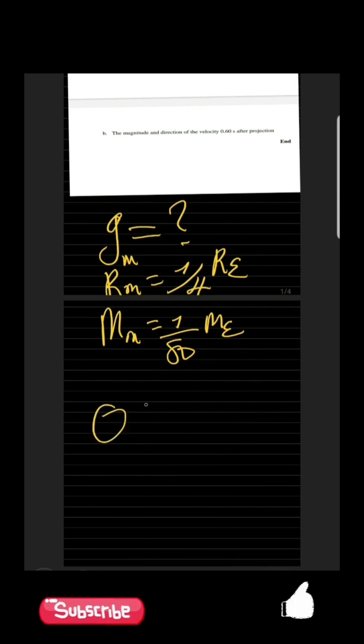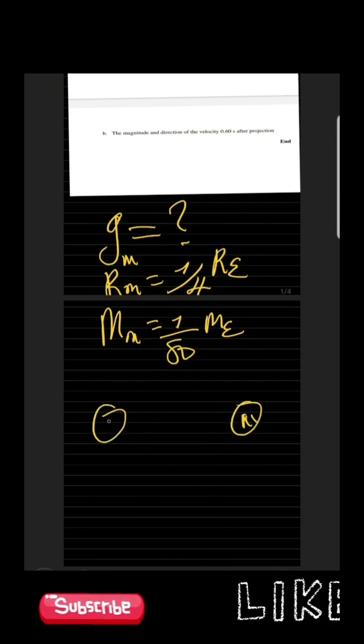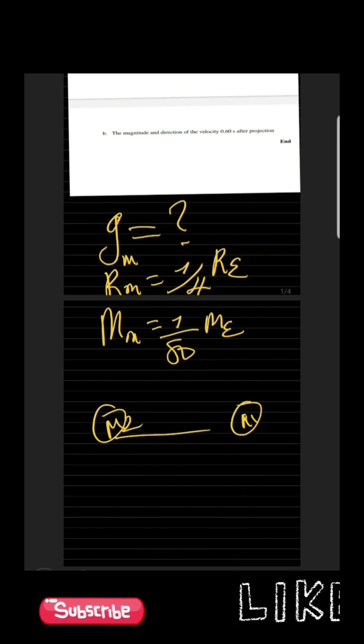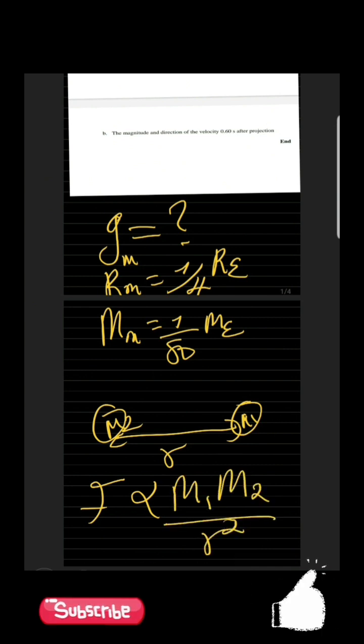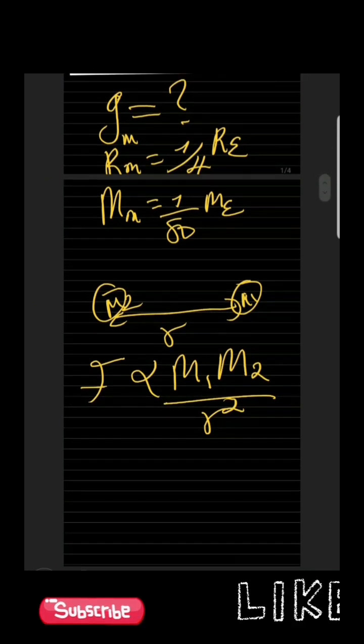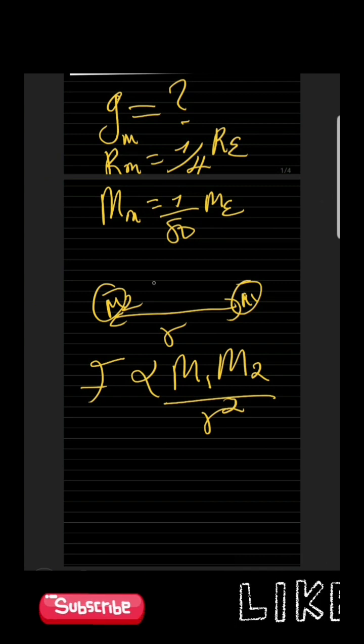That is, if there exist 2 particles, let us put like this, m1 and m2, linked by a distance r, there is a force that exists between those 2 particles, which is directly proportional to the product of the masses, that is m1 m2, all over the distance of separation from their center of masses. Please, from their center of masses, not the distance of separation from their outside.